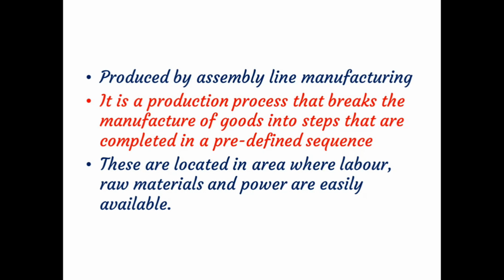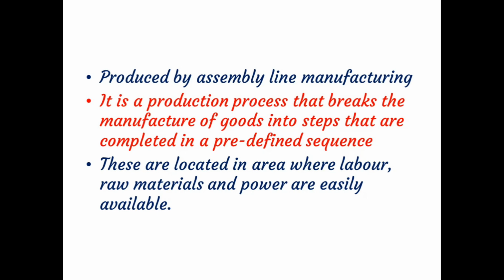Do you know the meaning of assembly line? It is a production process. Assembly line manufacturing is a production process that breaks the manufacture of goods into steps that are completed in a predefined sequence. That means step by step they will produce the parts of the vehicle.